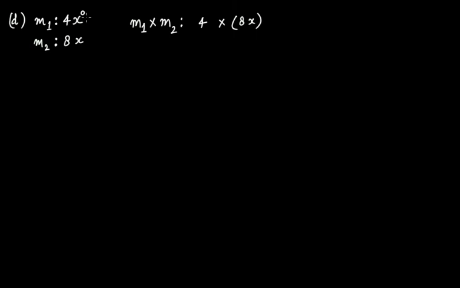Because any variable or any number, if you take any variable x, y or z, anything, if it is raised to the power of 0, then it is actually equal to 1. We have learned these things in grade 7 mathematics, in algebraic expressions and all.